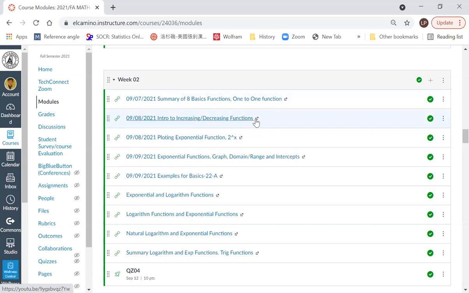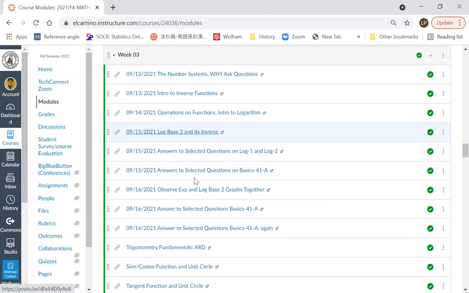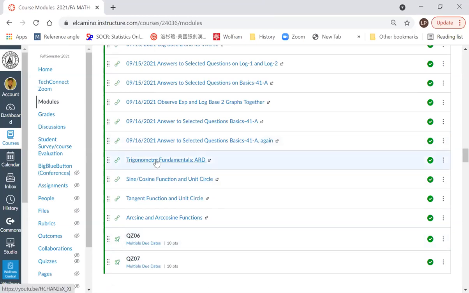And then we did increasing, decreasing functions, and then we covered exponential and log functions. These exponential log functions were covered in 2 weeks, I believe, because we also covered the inverse functions. All the topics here, these lectures, are not dated.